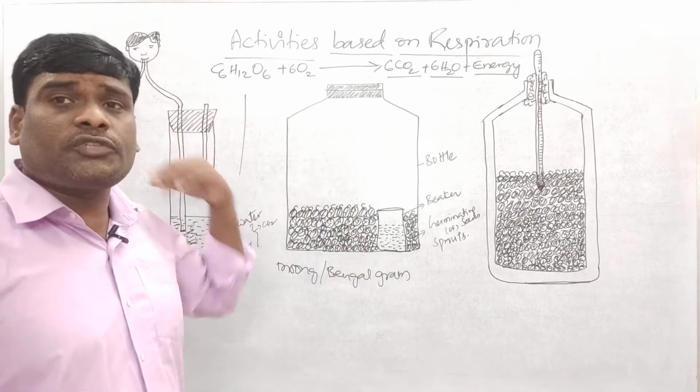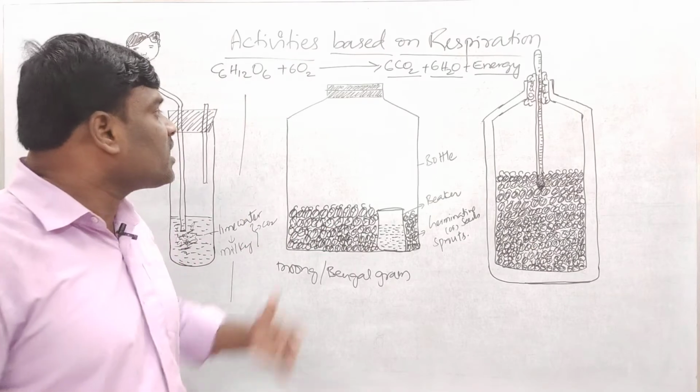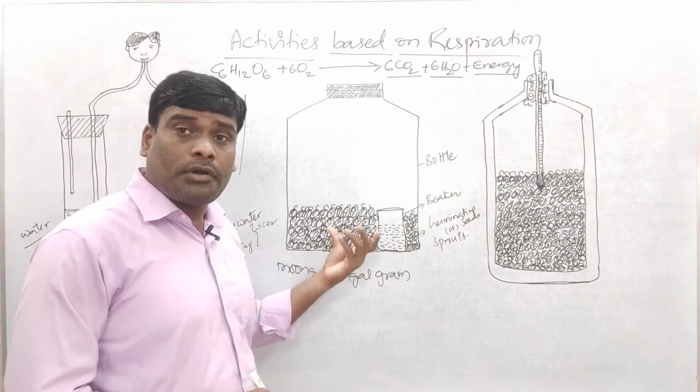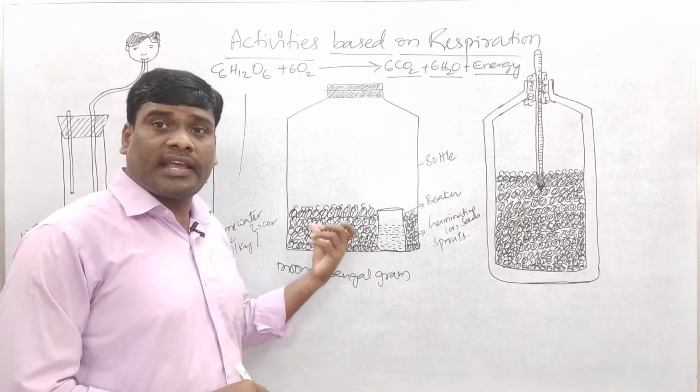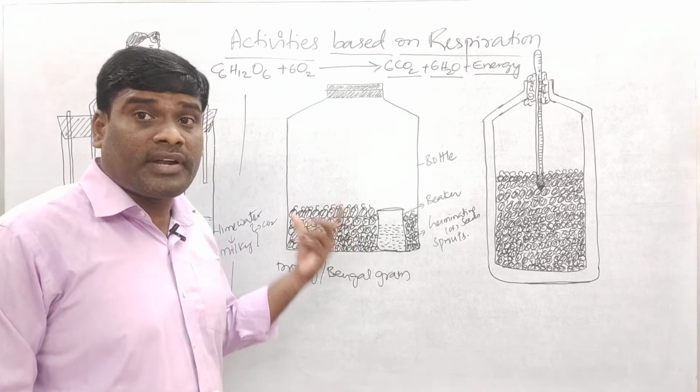These sprouts are equal to small plants, children. Already in our previous videos we have studied that plants also respire, plants also need oxygen for their energy and give out carbon dioxide.